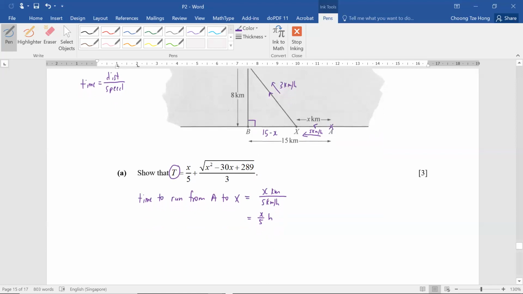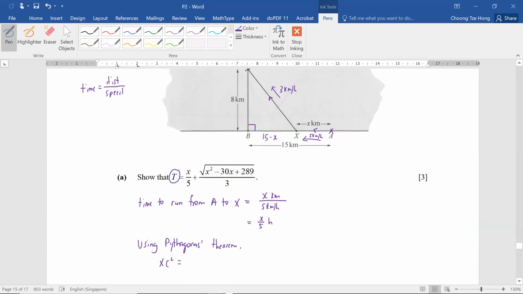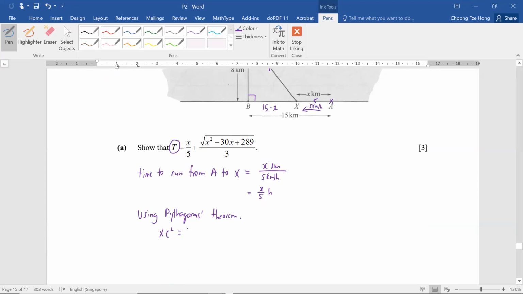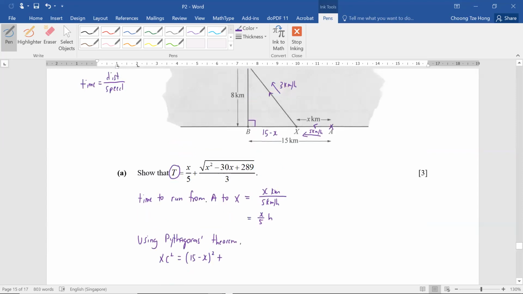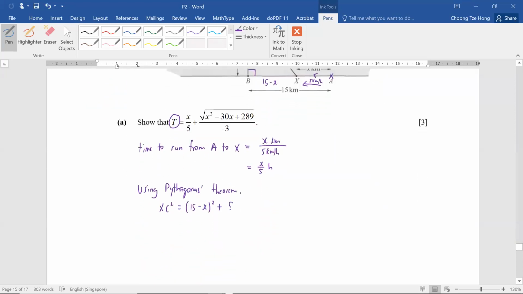Using Pythagoras' theorem, XC squared will be BX, which is (15 minus x) squared, plus BC, 8 squared.